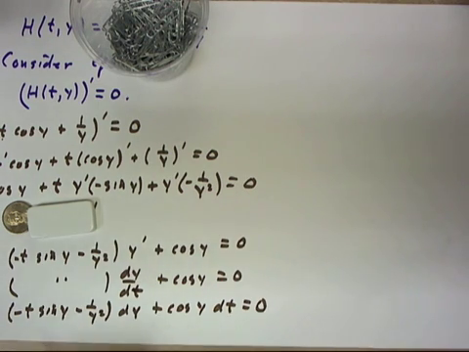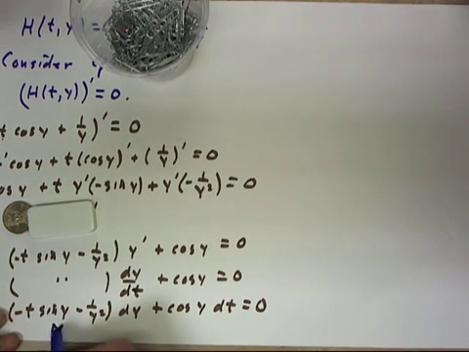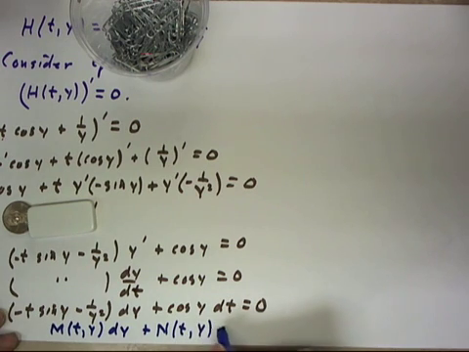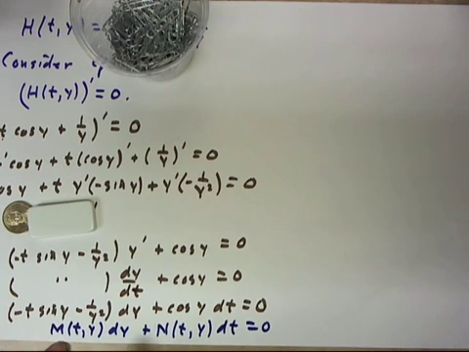This equation is of the form m of t,y dy plus n of t,y dt equals 0.